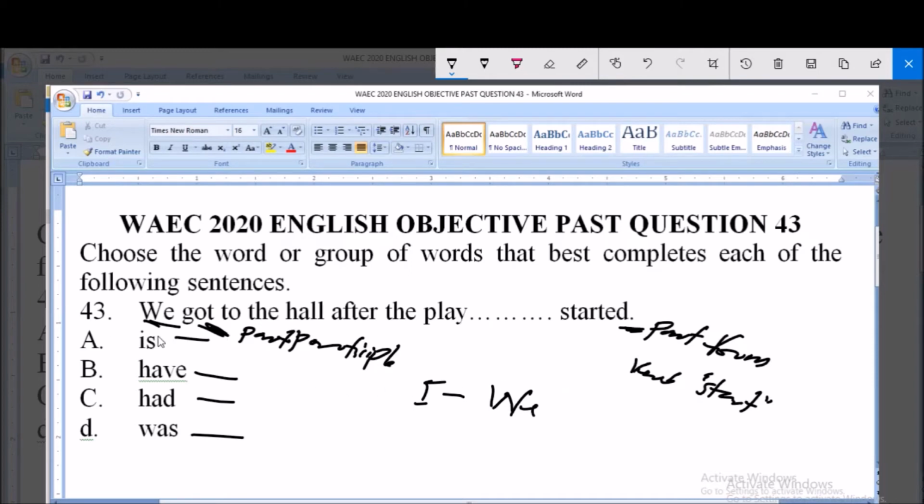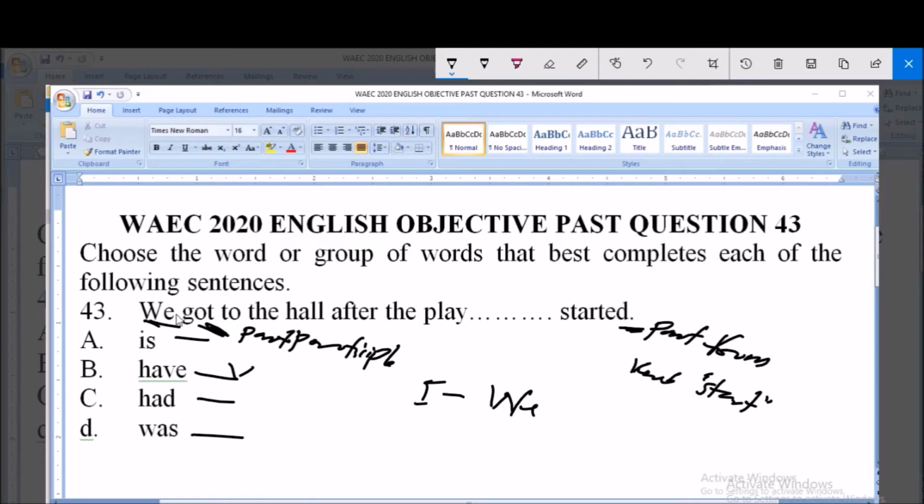So we cannot say we have, although have here is a plural verb but not a final verb. Take note of that, not a final verb. But why have cannot function here is because we have a verb that points to us that the action has commenced. So we cannot say we got to the hall after the play have started.